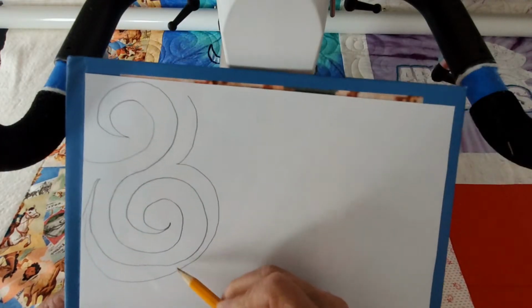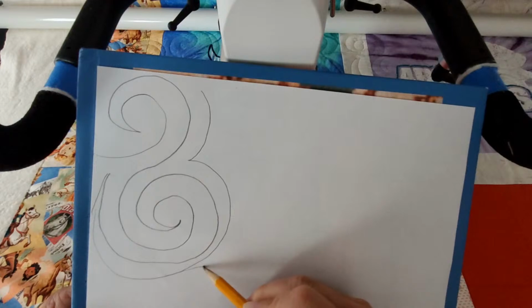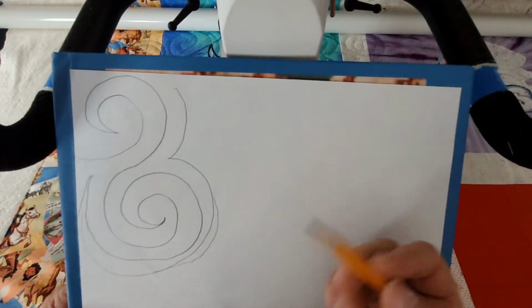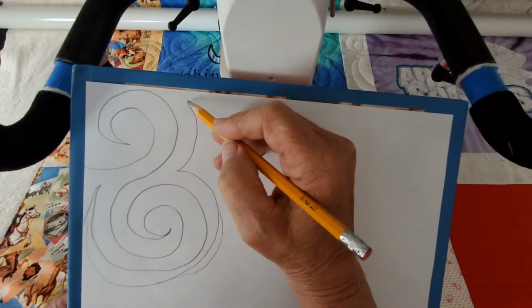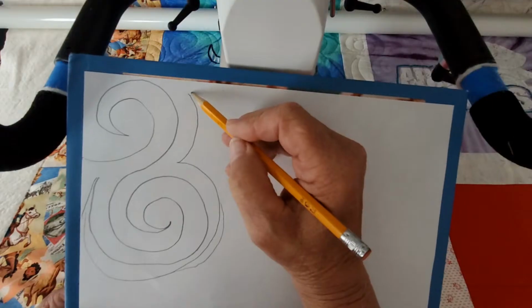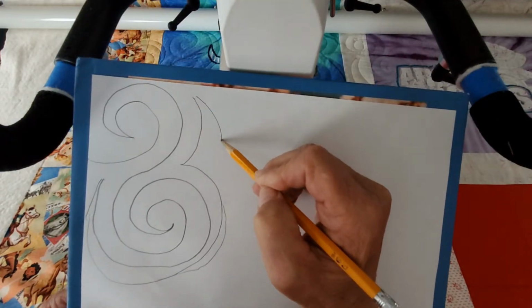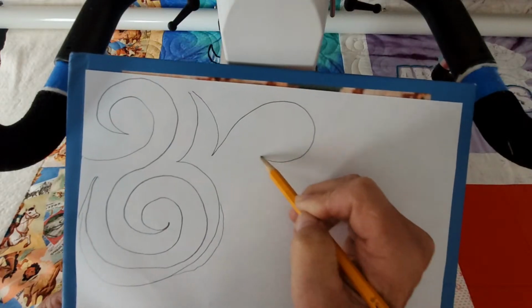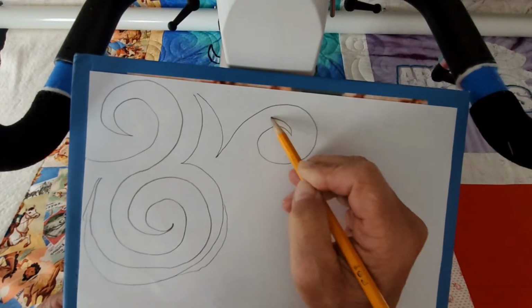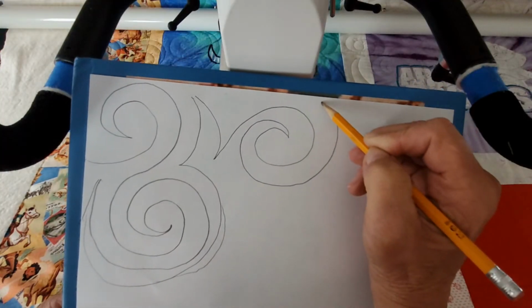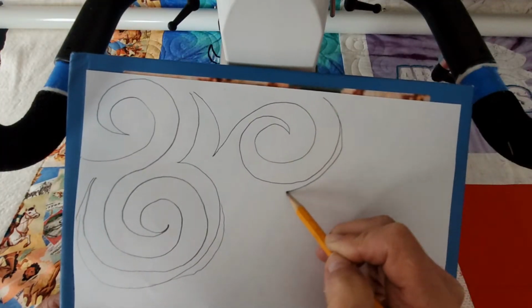And actually, if I was quilting this, I would come out just a little bit further here. No worries though, this is practice. So I suggest always practice before you do something. And then we might come out, we might put a little crescent here. And we did this with our teardrop meandering the other day. And this is basically the same thing, only you're doing swirls instead.